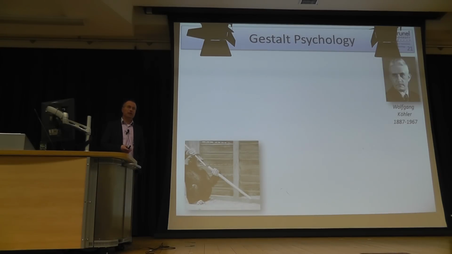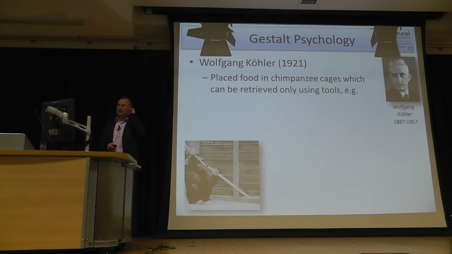One of the early persons in the Gestalt tradition working on problem solving was Wolfgang Köhler, and I think he worked on the Canary Islands or something with chimpanzees. And he posed problems to them, like basically Thorndike did, but different types of problems.